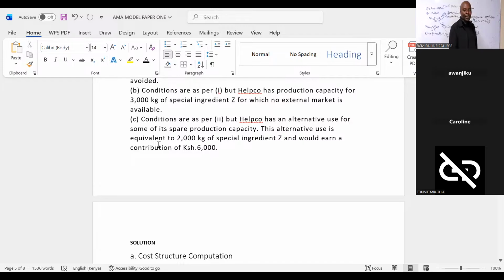The very first thing I would do is get the profit per unit. Because 6,000 is for how many units? 2,000. So what is the profit per unit?